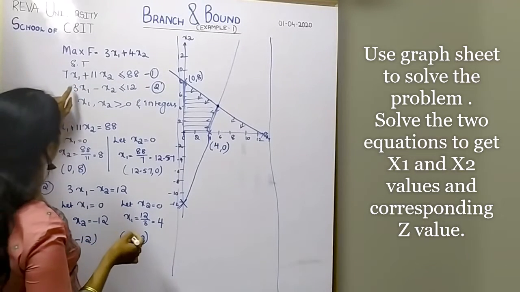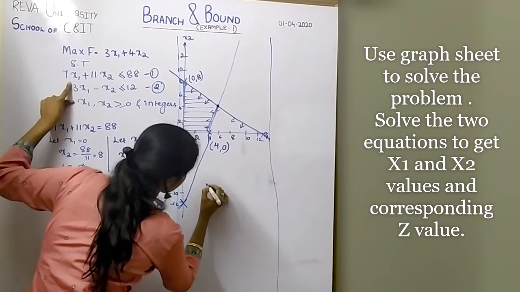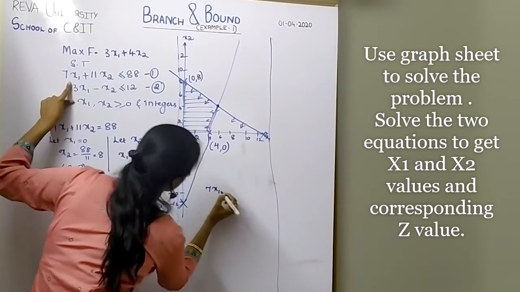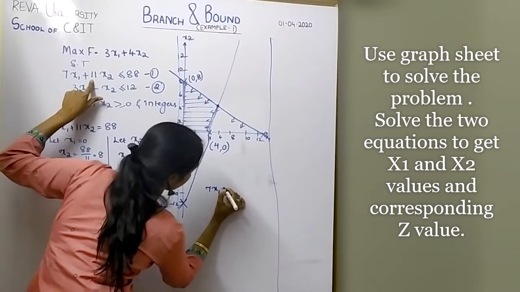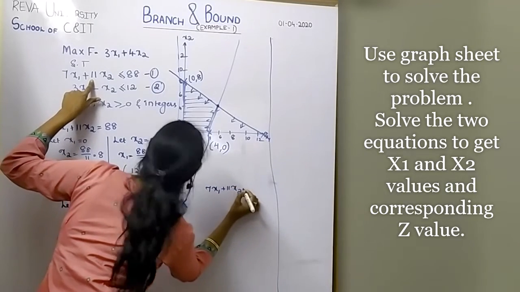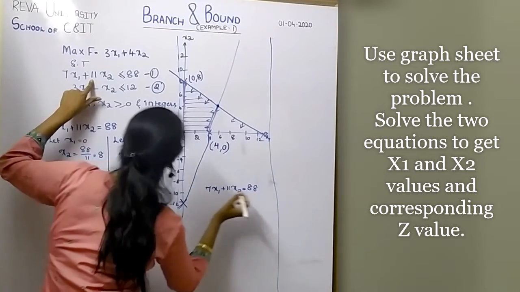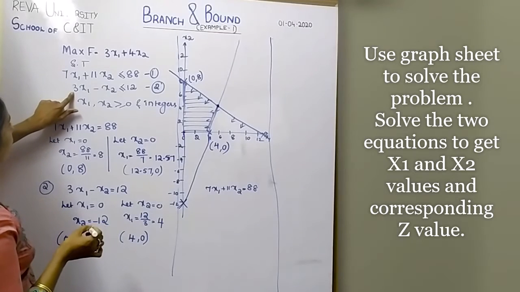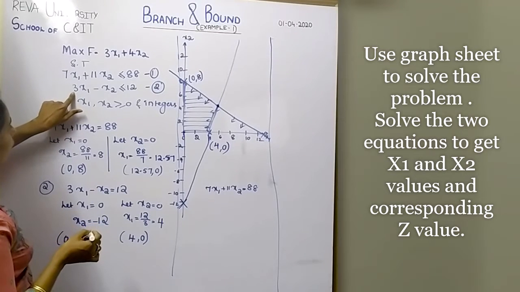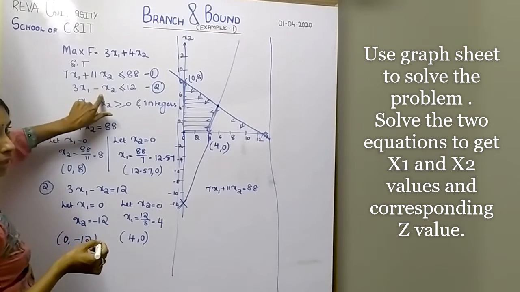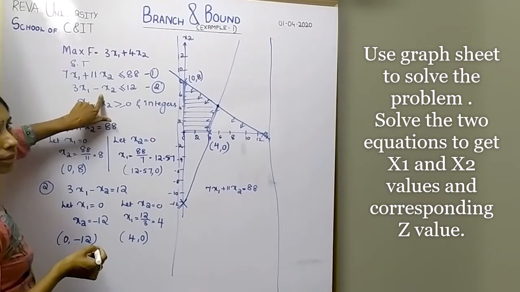So solve this equation: 7x1 plus 11x2 equal to 88. I'll multiply the second equation by 11 so that the x2 terms become 11 and 11 and cancel.